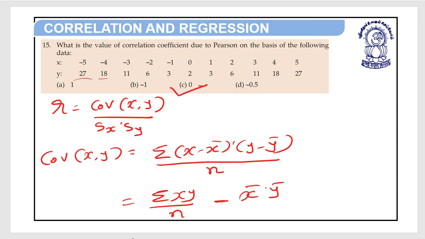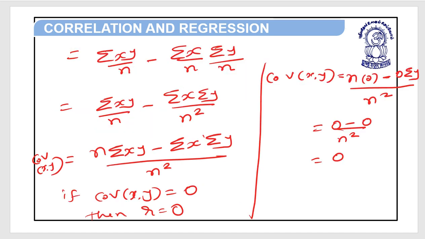R is equal to 0, option C. Here we have put sum of xy is equal to 0 from the table.